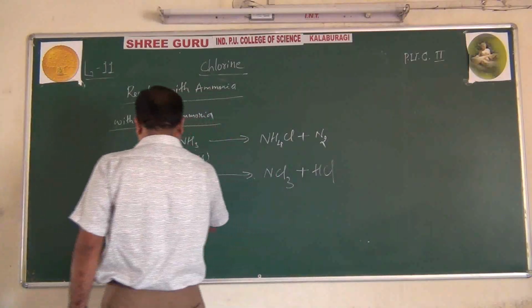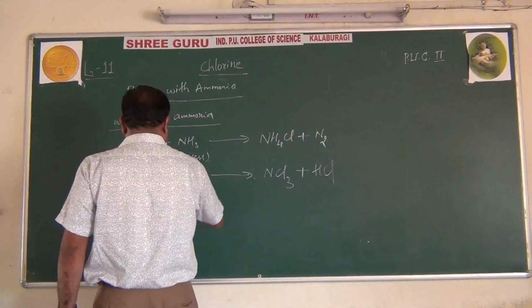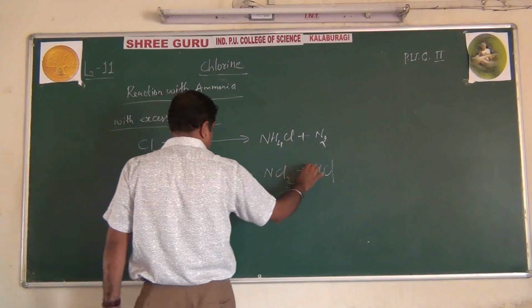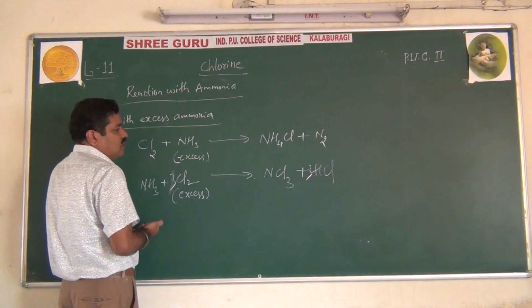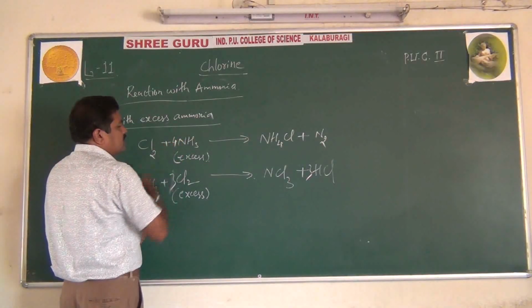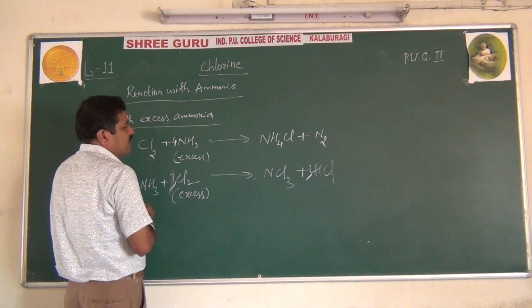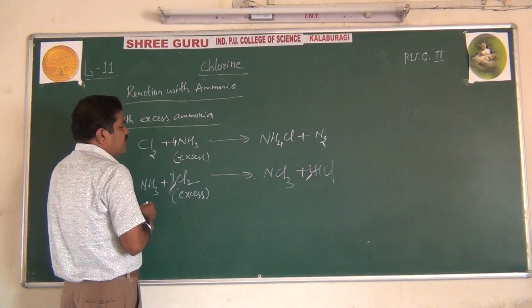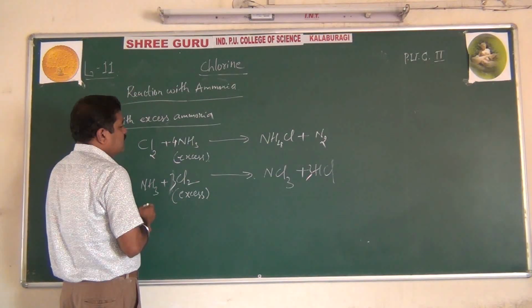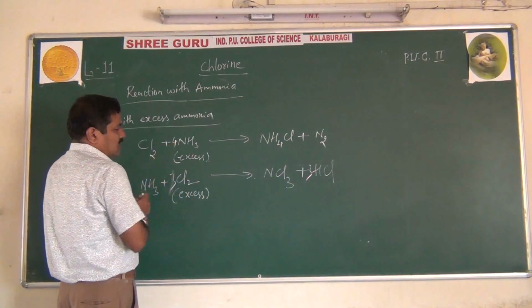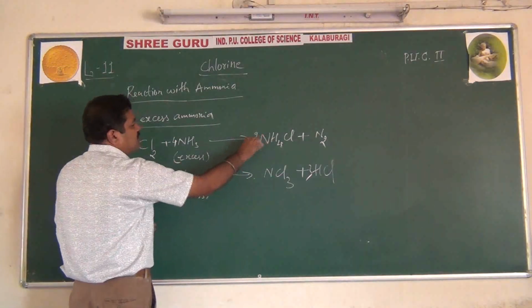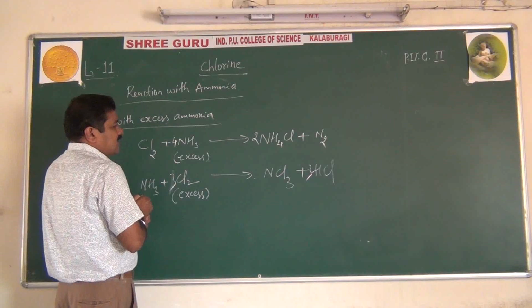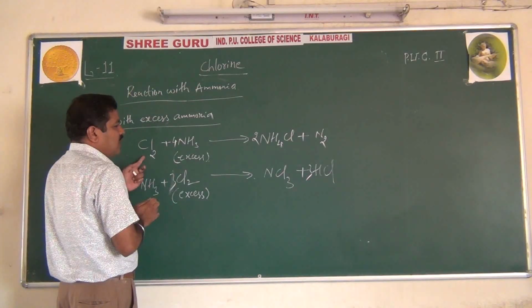Simple. 3Cl2 gives 3HCl. By hit and trial method, 4NH3. Okay. So generally, now nitrogen becomes imbalanced here. 2NH4Cl if you multiply. What about chlorine? Already balanced.